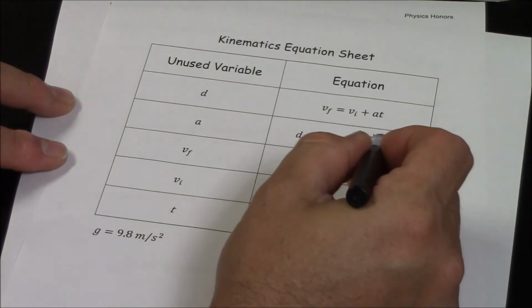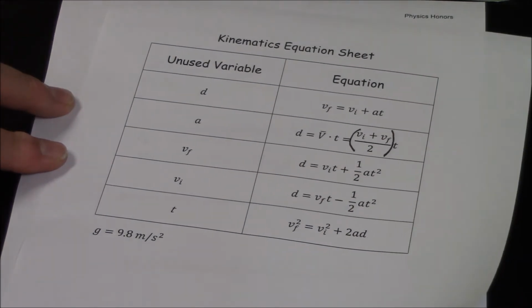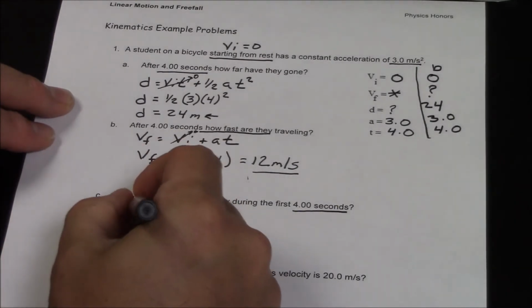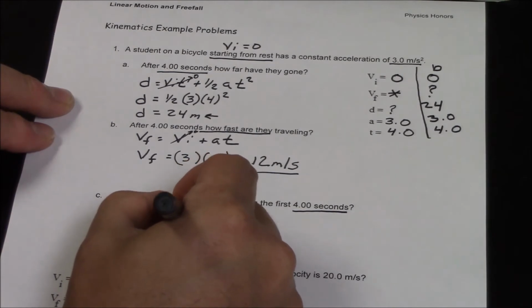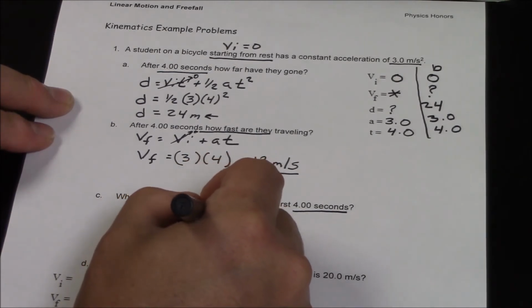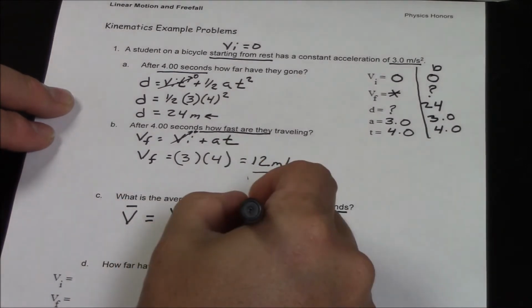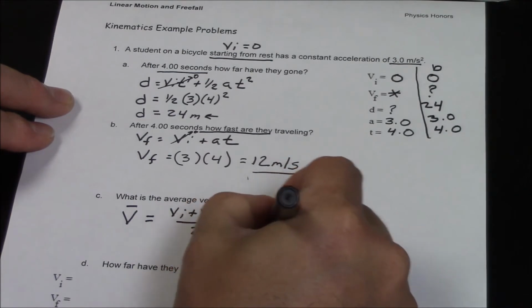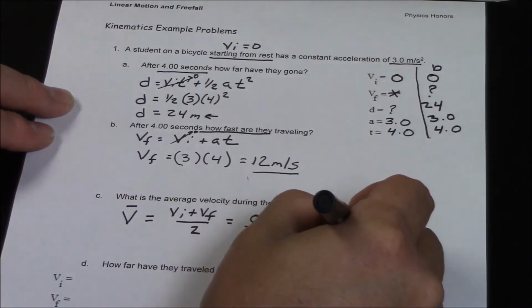So when we have constant acceleration, we can just average the initial and the final and get the average velocity. So V average is equal to VI plus VF over 2, which is VI is 0 plus VF is 12, over 2 is 6 meters per second.